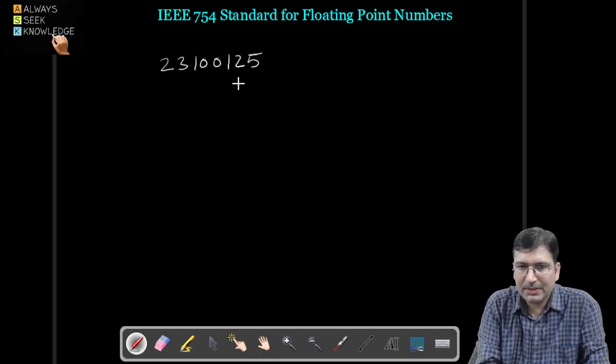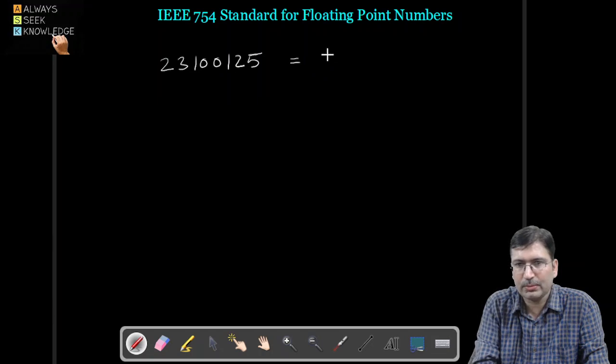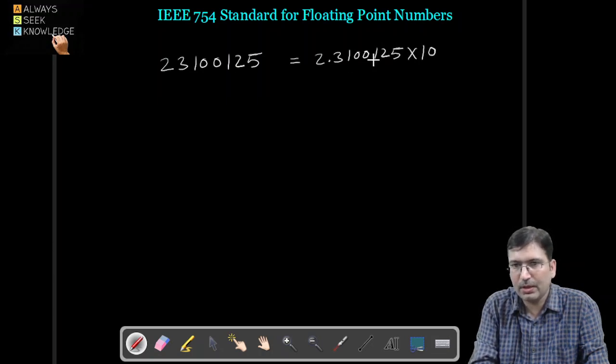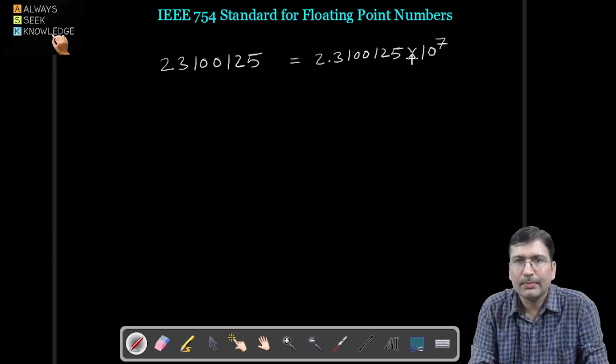So if you represent this number in the standard form, we write 1, 0, 0, 1, 2, 5. If it is in decimal, then we write 10 to the power. So how many places? 1, 2, 3, 4, 5, 6, 7, like this. So this thing we consider as the standard form, right?